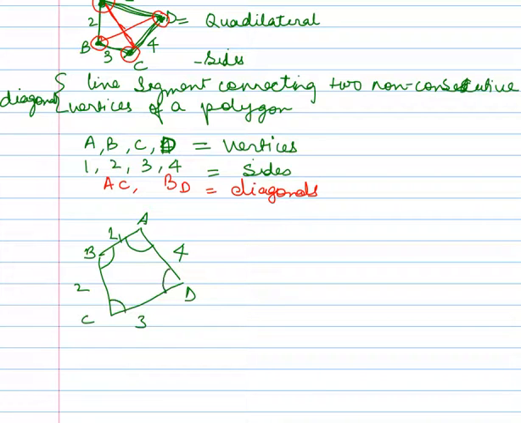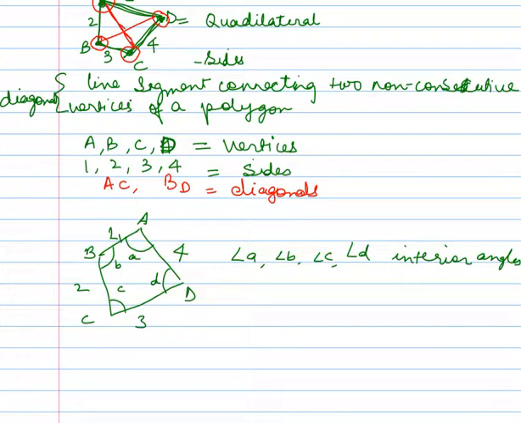So these are the 4 angles. These 4 angles are the interior angles. Let us rename them as A, B, C, D, small. So angle A, angle B, angle C, angle D are the interior angles.